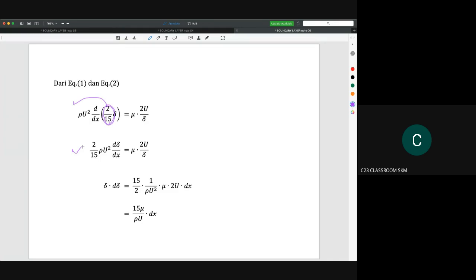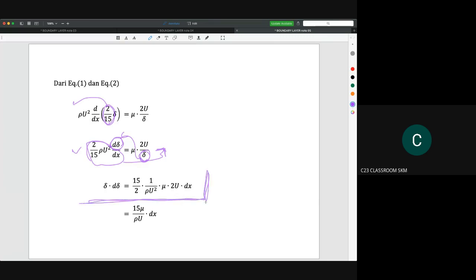As I said, we are aiming to get the equation for delta. So we bring all the delta terms to the right-hand side. We have d delta here, and also we have delta. So we bring delta to the right-hand side, and then we bring all of these terms to the left-hand side.